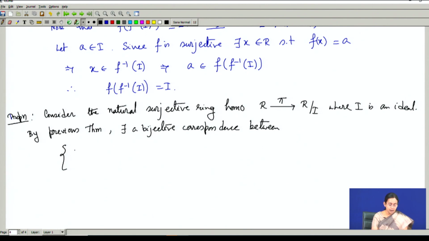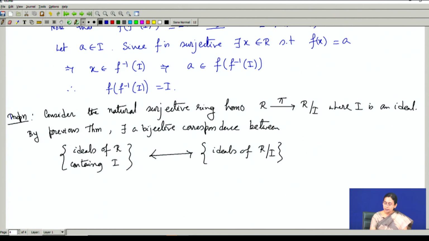So, it says that the ideals of R containing I are in 1:1 correspondence with the ideals of the quotient ring R quotient I. Therefore, for every ideal in R quotient I, there exists an ideal in R containing I, and on the other hand, for every ideal of R containing I, I will get an ideal in R quotient I. So, it characterizes all the ideals of R quotient I, or how they look like.